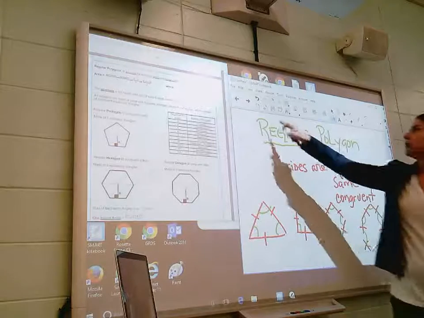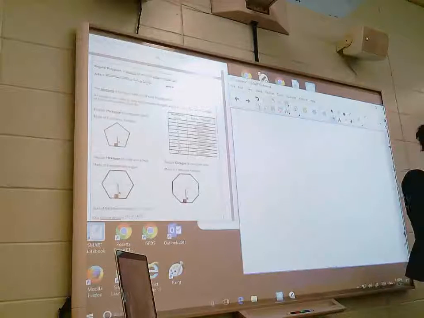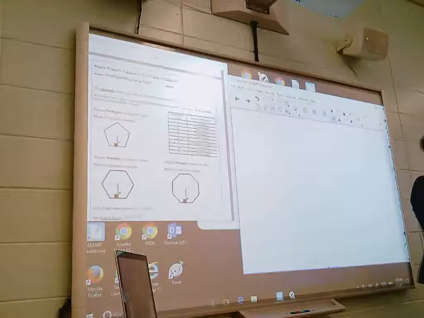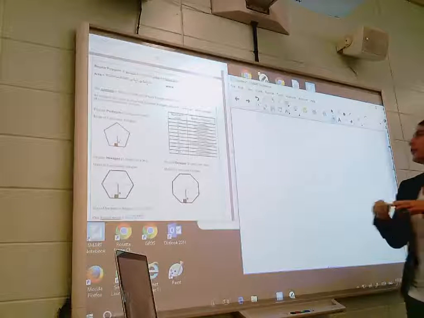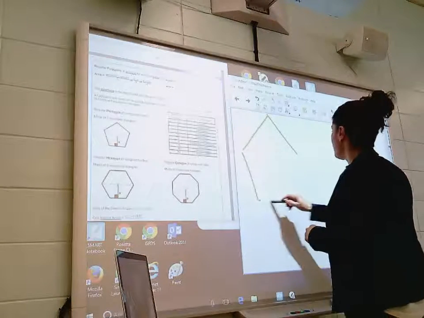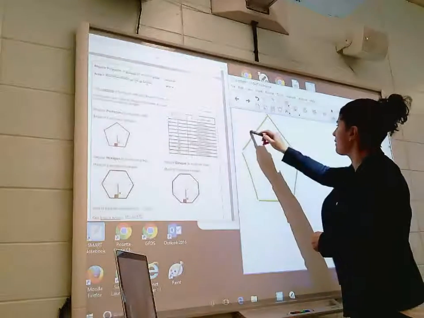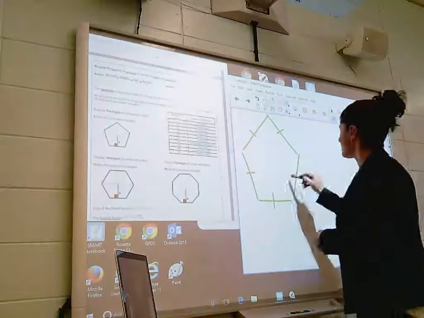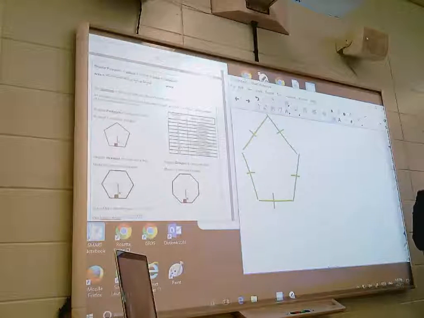I'm moving to a new page. And I'm going to use the pentagon as an example to find the area. 1, 2, 3, 4, 5 equal sides. So far, so good?